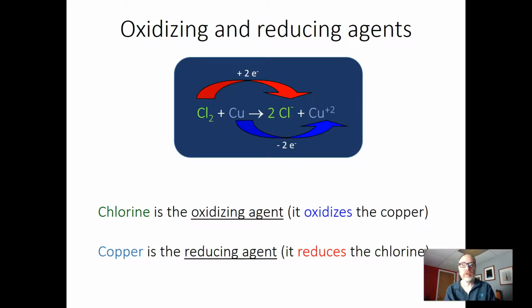It's reduced, but it's oxidizing the copper, so we call it the oxidizing agent. And copper is being oxidized, but it's causing the chlorine to be reduced, so we can call the copper the reducing agent. An easy way to remember that is, whatever's being oxidized is going to be the reducing agent, and whatever's being reduced is going to be the oxidizing agent. So if you can figure out what's oxidized and what's reduced, then you can determine what's going to be the oxidizing agent.